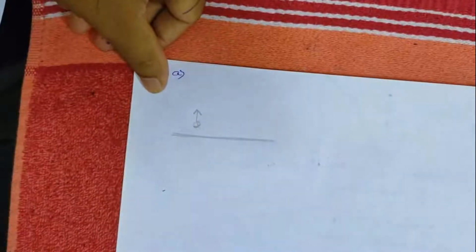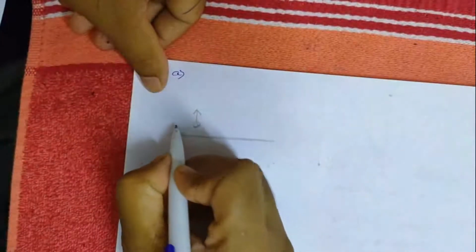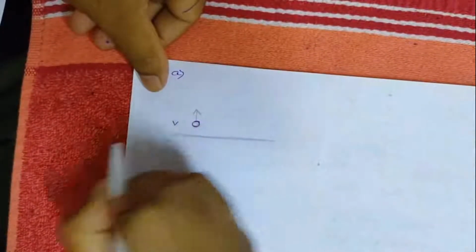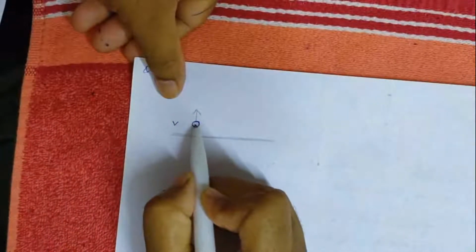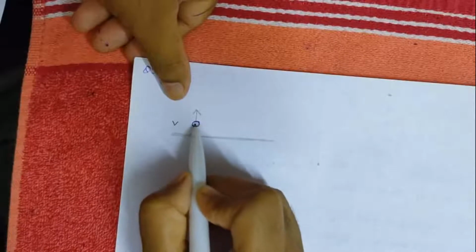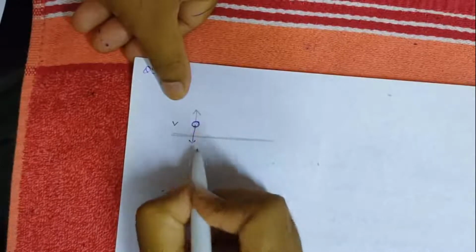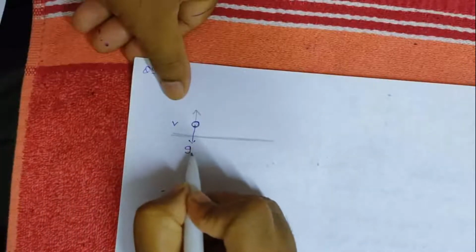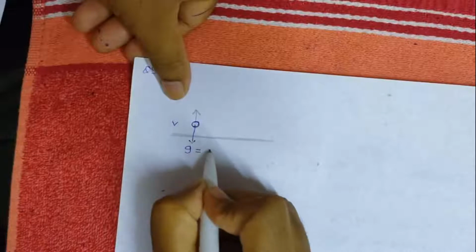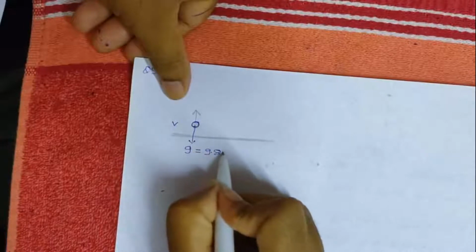This is a ball, so a force will act on this. Due to that, it will cause deceleration. You know that. So that is called acceleration caused due to force of gravity. We denote it by letter g, and it acts in the downward direction. Its value is 9.8 meter per second square.